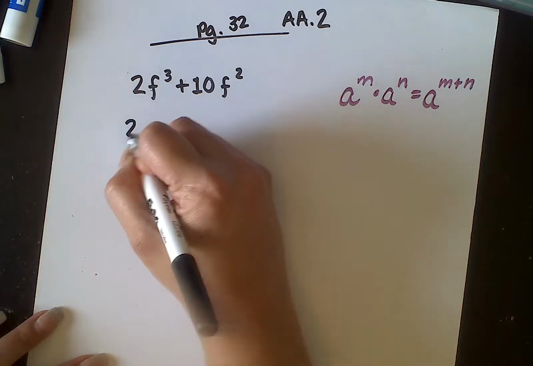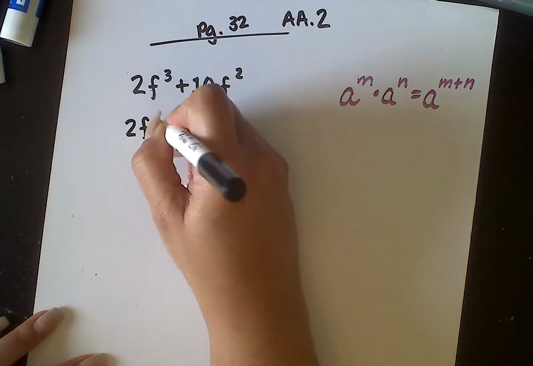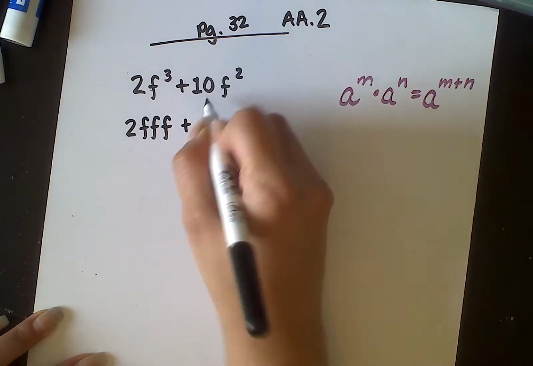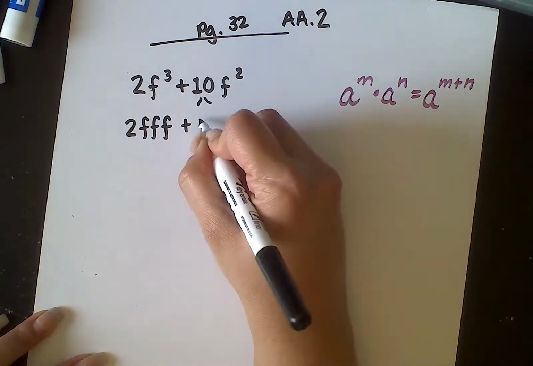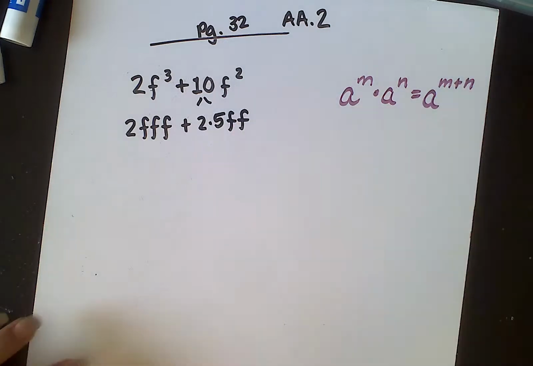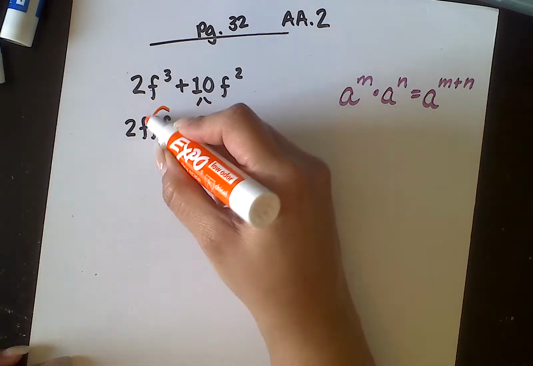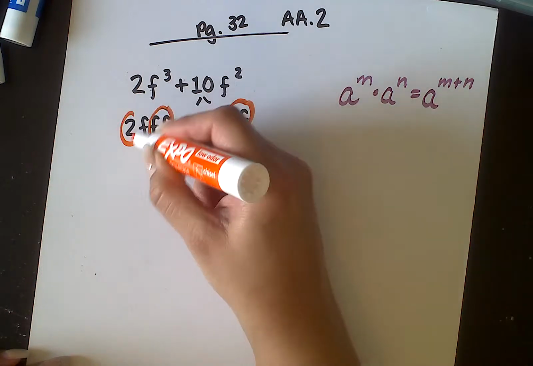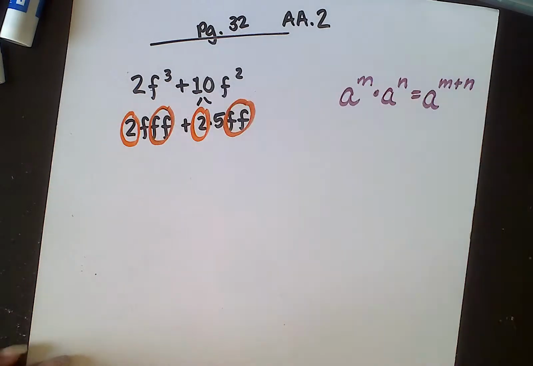2 is a prime, and then that's 3f's, plus 10 is a composite, so I'm going to break that up into 2 times 5, and then I have 2f's here. Okay, now in this case, I have 2f's on both of them, and I also have the number 2 in common.